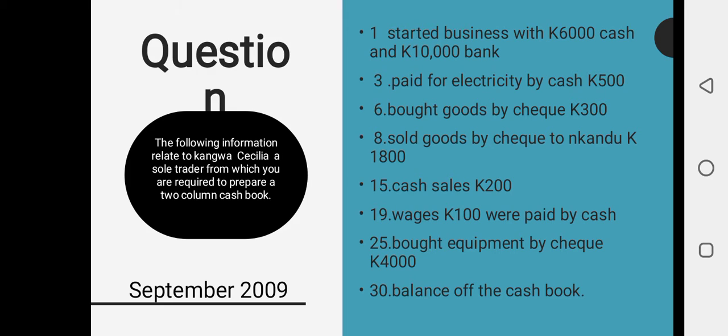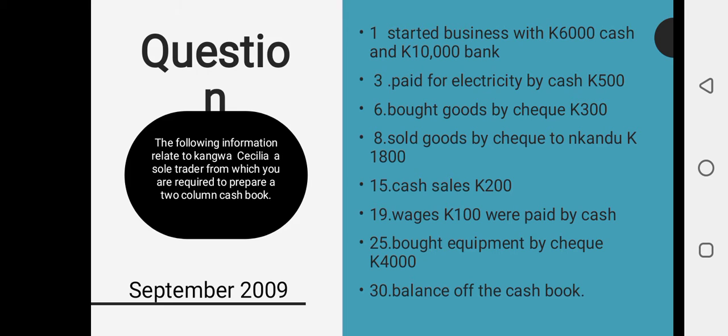Now, before you go to the cash book, I want you to look at your questions and identify your transactions. When a transaction is done, identify which account is being affected before you begin to answer.